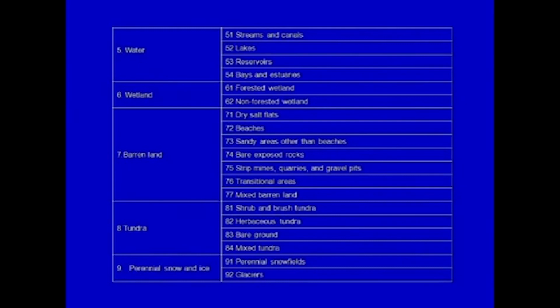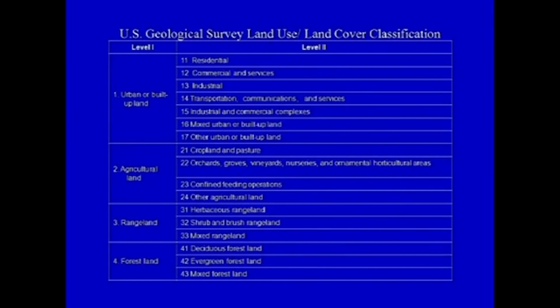If one is interested in more detailed information, then level 2 information classes can be taken up. For example, urban or built up area can be further subdivided into 7 broad detailed classes such as residential, commercial and services, industrial, transportation, communication and services, industrial and commercial complexes, mixed urban and built up land, other urban and built up land.